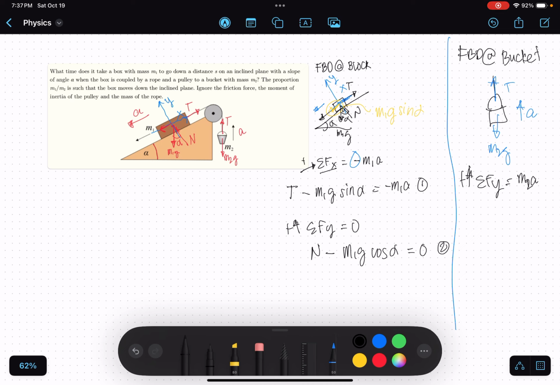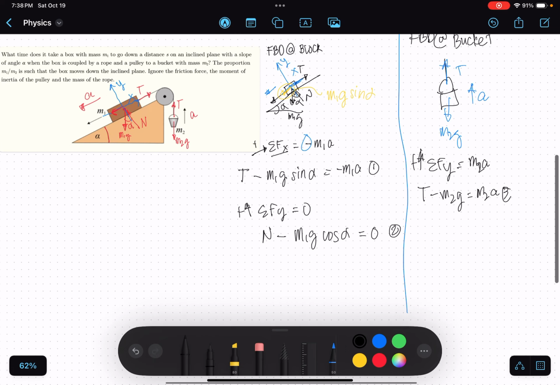So positive M2A kasi nga same yung direction niya. Okay, so you have T minus M2G equals M2A. So this will be our equation number 3. Yan ngayon yung equation number 3 natin.